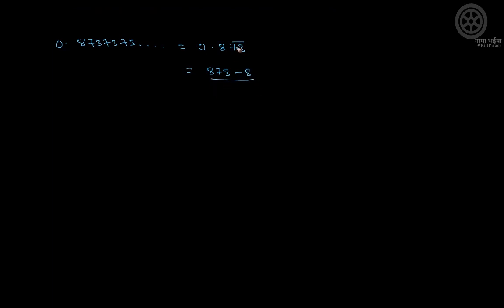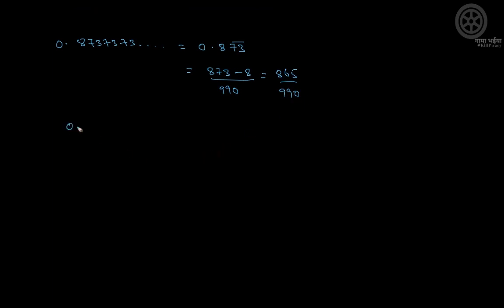I have bar for 2 digits, so I will write 2 nines, and there is no bar for 1 digit, so I will put a 0. So it should be 865 by 990, right? Understood how to use it?